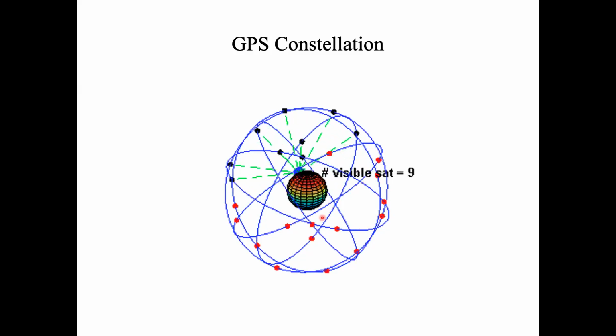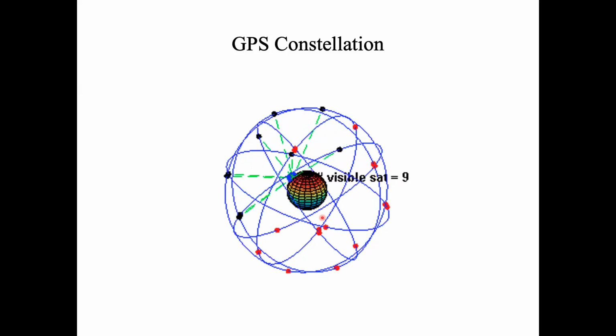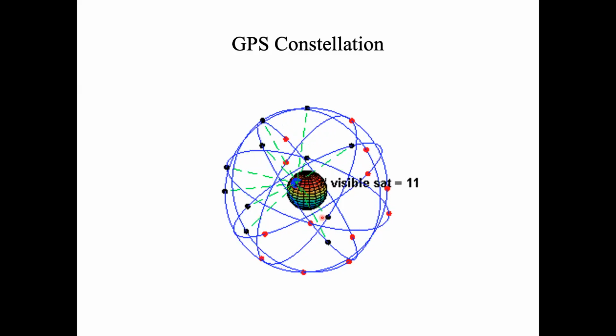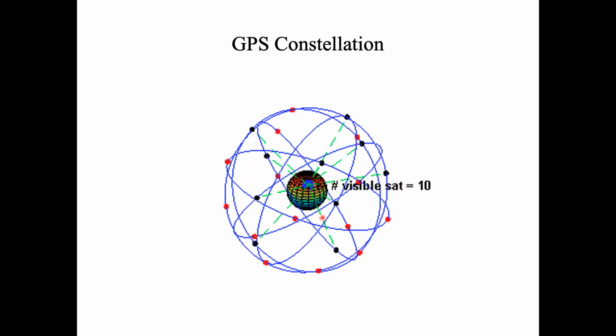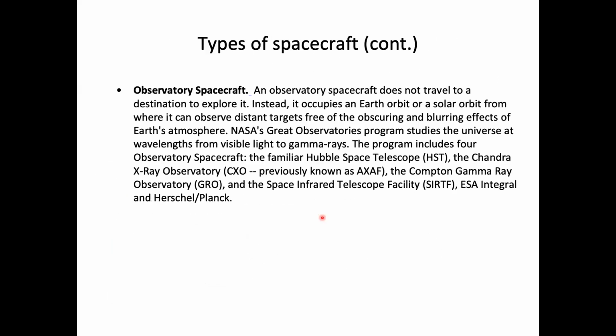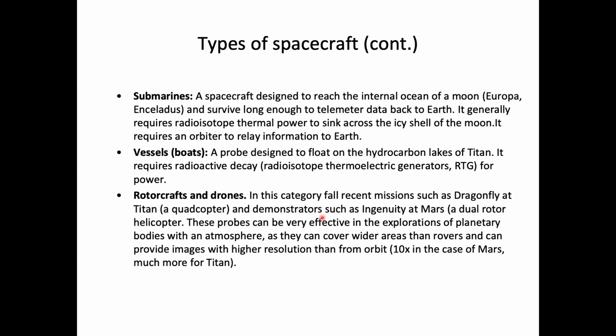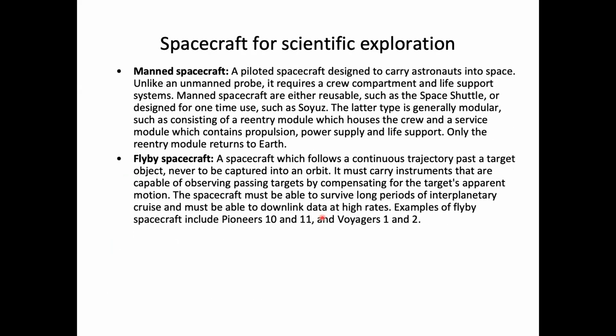So there are 6 satellites on every orbital plane, and they are rotating with a period of 12 hours. Okay, so this is a broad description of navigation satellites.